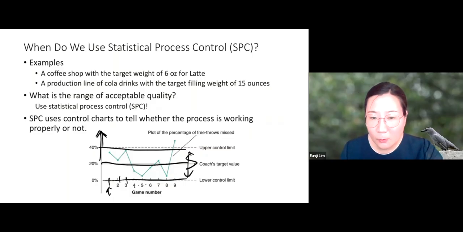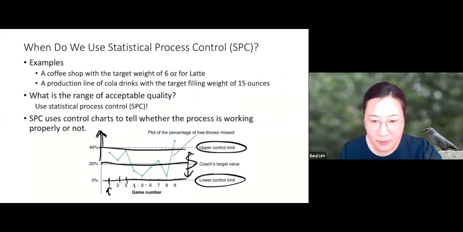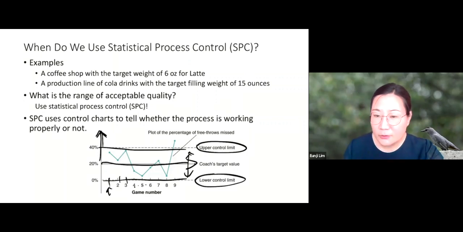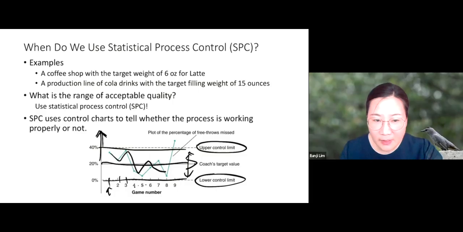And this range of acceptable quality is defined by the upper control limit and the lower control limit. And we're going to use some formulas to compute these limits. And if these averages are within the limits, then we conclude there is nothing wrong in the process.